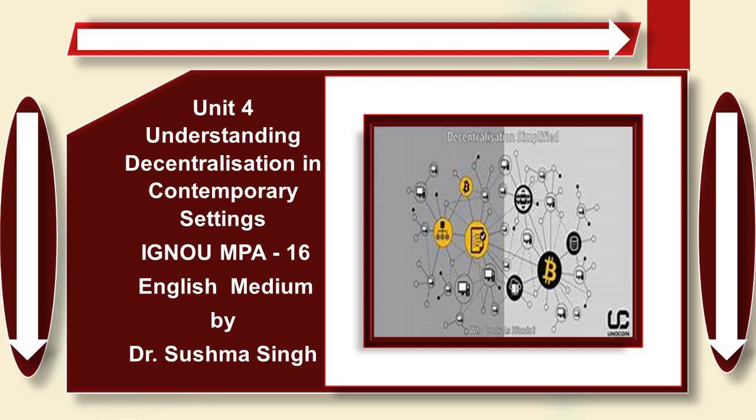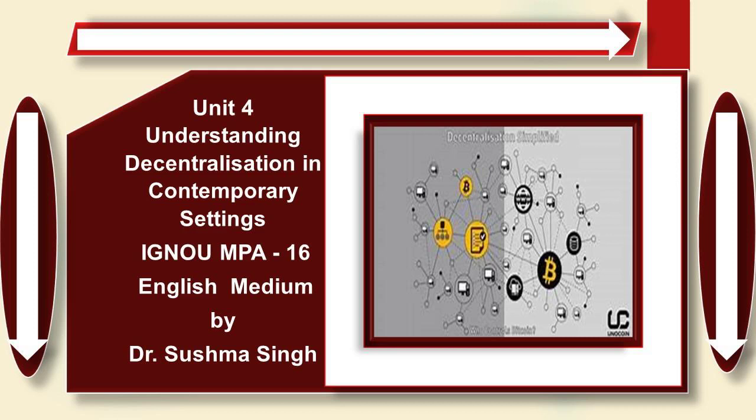Similarly, there are around 3,700 urban local bodies with 100 corporations, 1,500 municipal councils and 2,100 Nagar Panchayats, besides 56 cantonment boards, a kind of extra constitutional body.